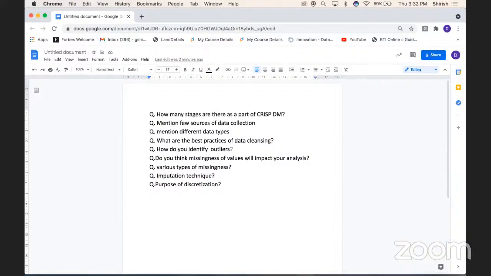We can do it in many ways, by calculating the bins, giving the number of bins. Whenever you are trying to do an approach for discretization, sometimes you may have equal width, sometimes you may have equal frequency, sometimes you go for different techniques which are apt.